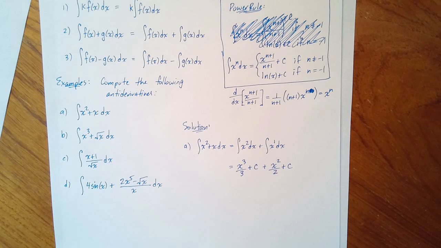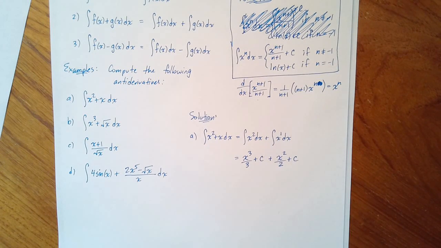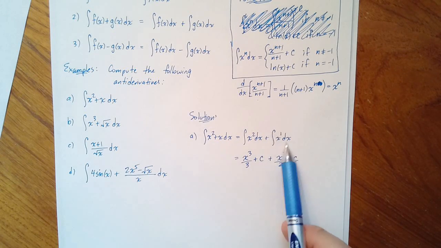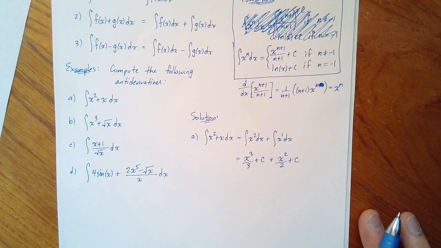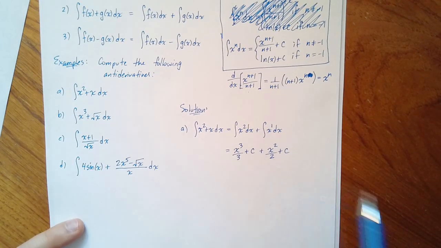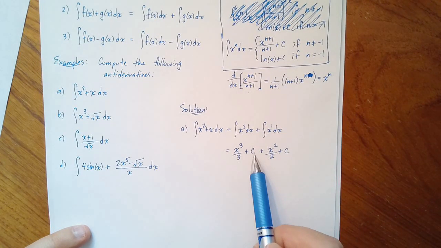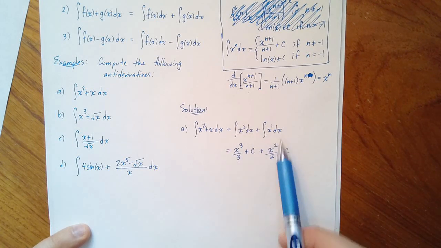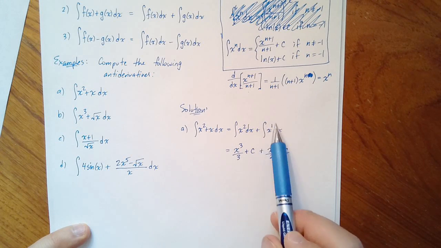Now, there's something that's weird about this. When we've added a constant of integration for this antiderivative, and then we've added another constant of integration for this antiderivative, that's not really what we want to write. Like we wrote c both times. Who says that the constant of integration, the constant that we get from this antiderivative, has to be the same as the constant we get from this antiderivative?